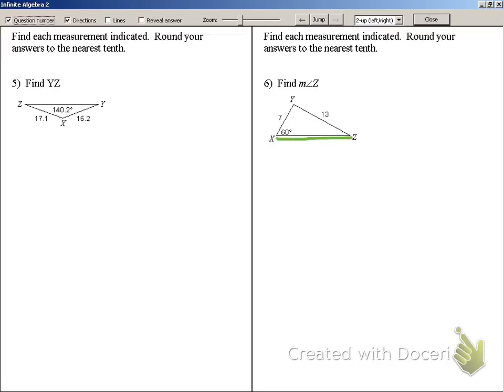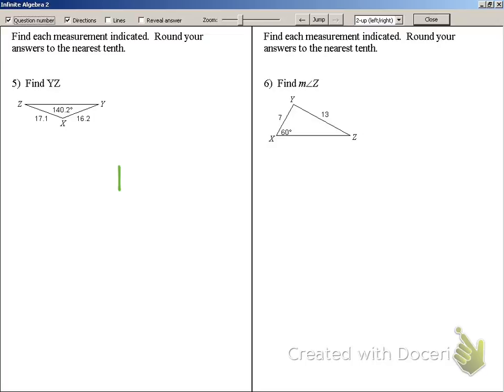I'm going to still use the law of cosines. I'm going to solve for xz first. And the way that I can solve for xz is I'm going to use the basis that these two are opposite of each other. So that would give me my a and my angle.